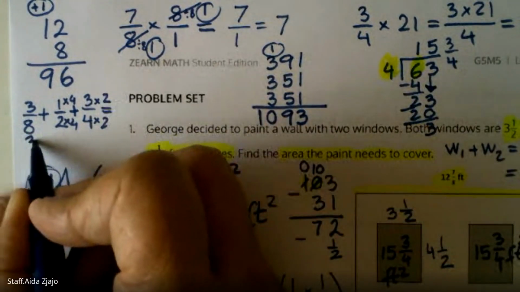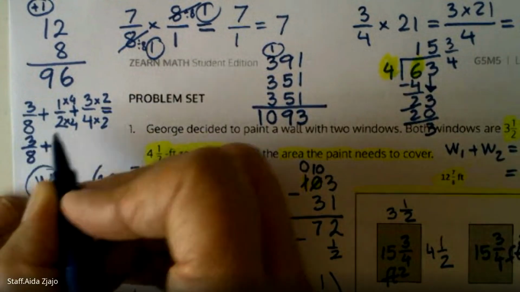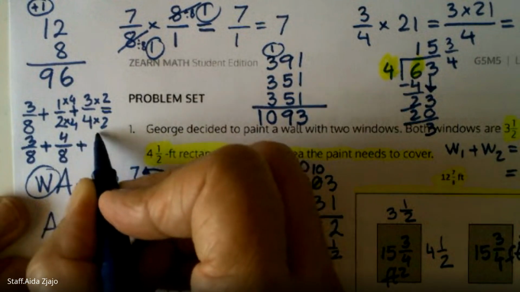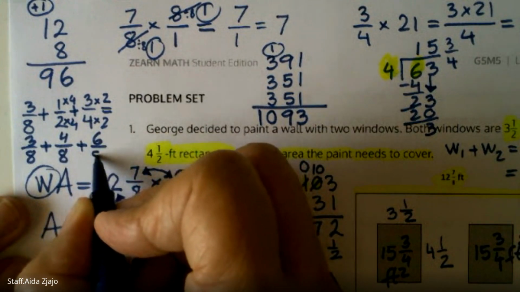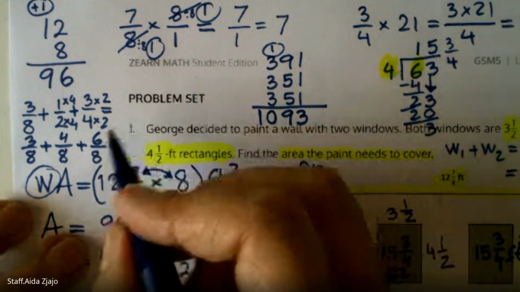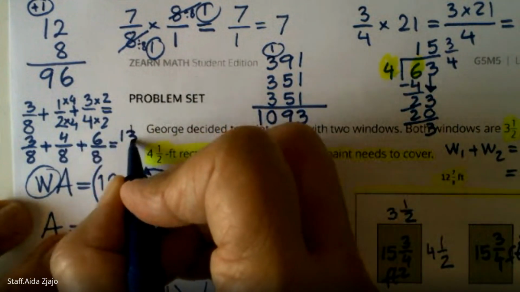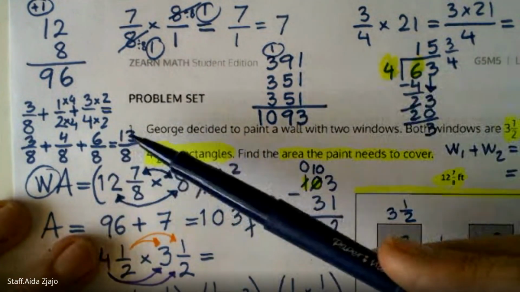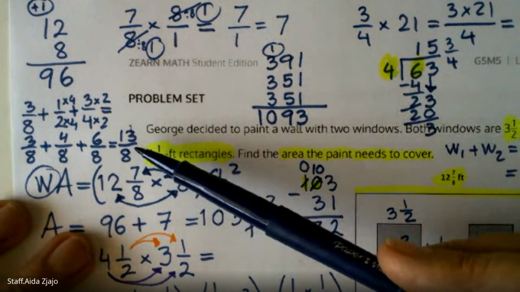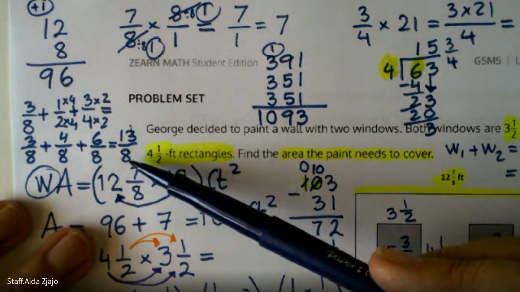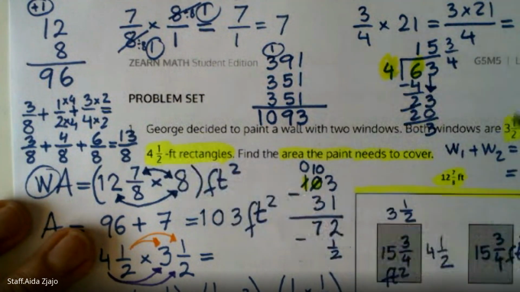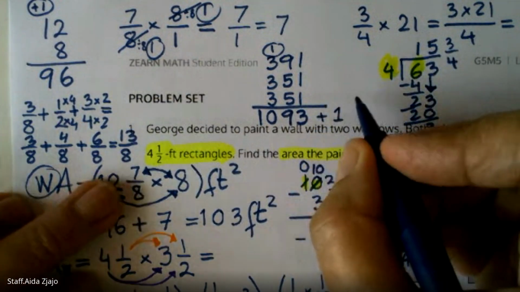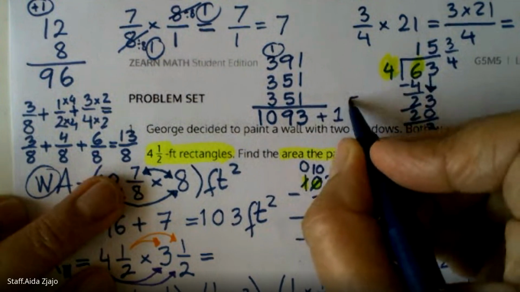So it will be 3/8 plus 4/8 plus 6/8. Altogether is 13/8. So 8/8 will make a whole. So 5/8 will be extra. So on this, I need to add one more, and 3 and 5/8.